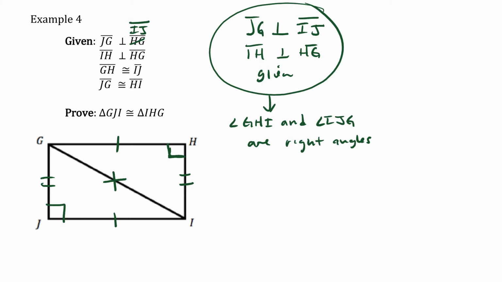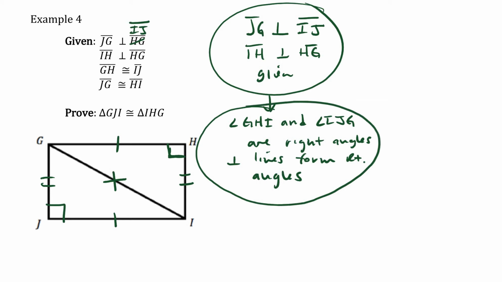I know that because perpendicular lines form right angles. Now notice I have not yet said that they are congruent to each other. So now I have to say angle GHI is congruent to angle IJG because all right angles are congruent.